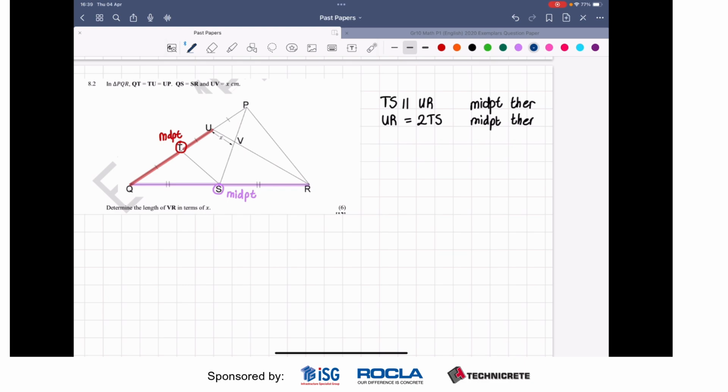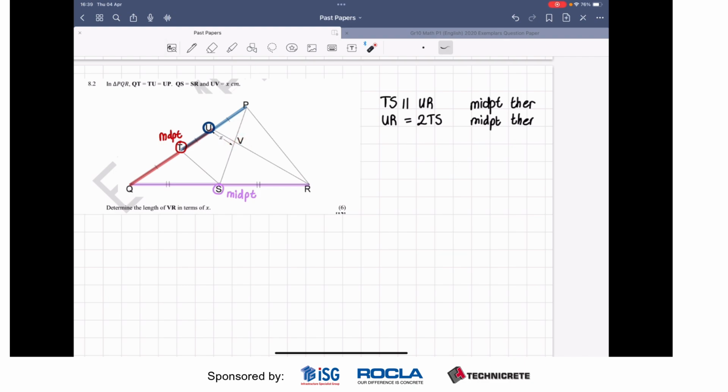So let's label that as well. So now I've got U, which is the midpoint of these two, the UP and the TU. And so again, I found that these are parallel. So if TS is parallel to UV, and UV is a line that joins a midpoint on one side of a triangle and it's going to the opposite side of the triangle, then that means that V is a midpoint.